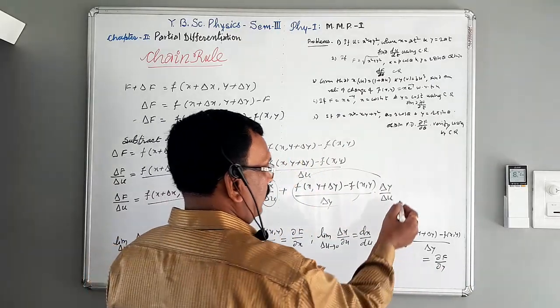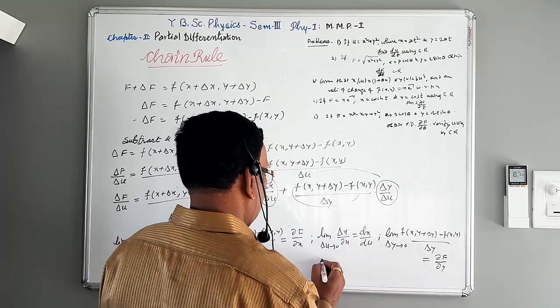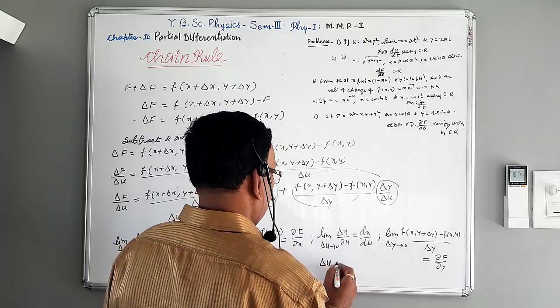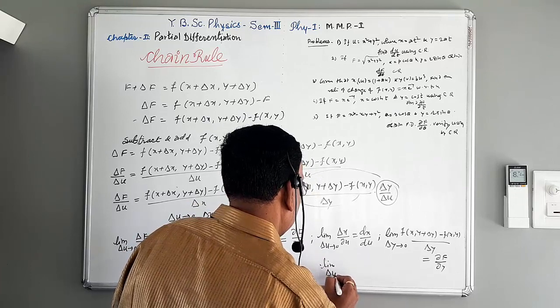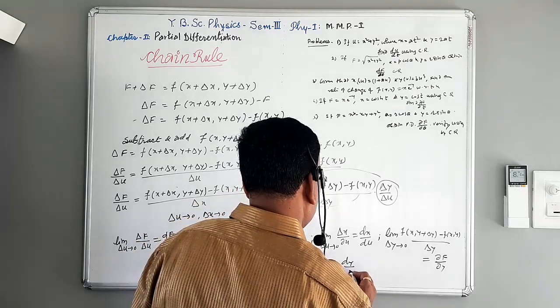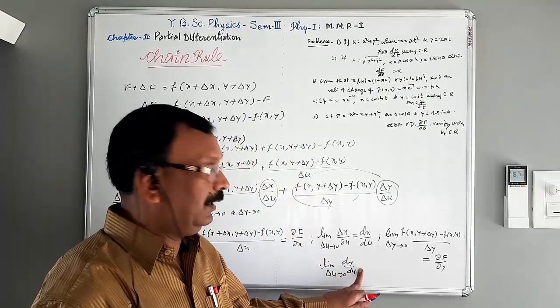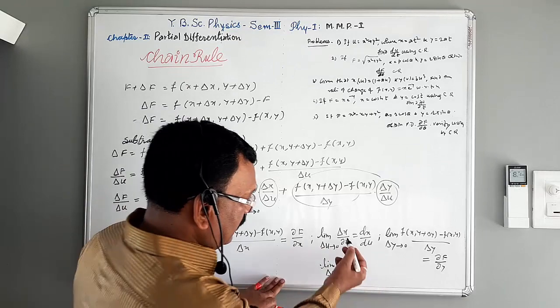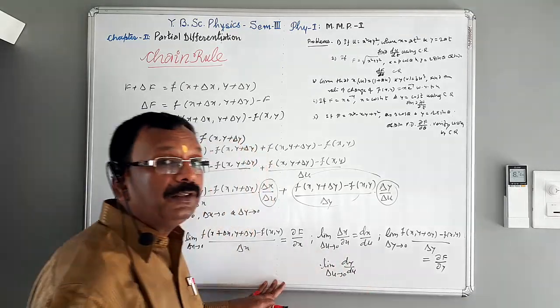And again, the last term, apply the limit delta u tends to 0, dy by du. Here y is a function of u only, just like this. Here x is the function of u only, and here y is a function of u only.